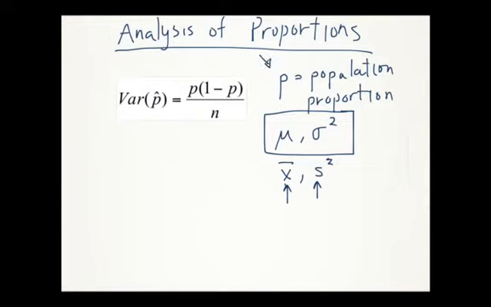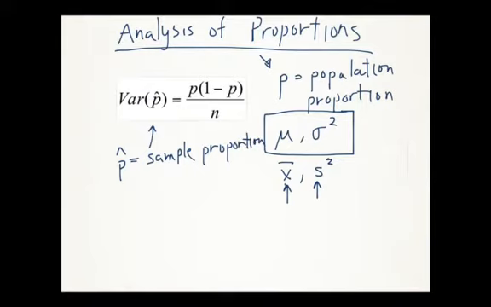And now P hat, which you see here, is P with a hat over it, is the sample proportion. Okay, so we estimate the population proportion with the sample proportion. So again, don't let the notation confuse you.